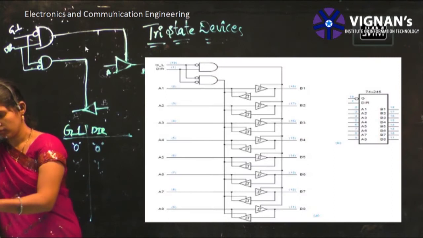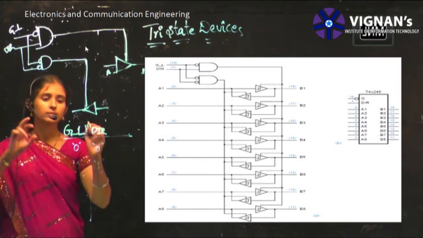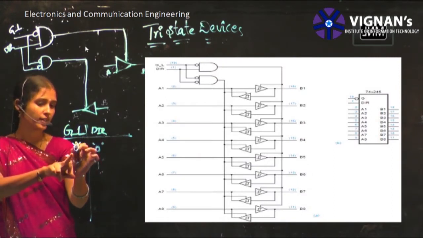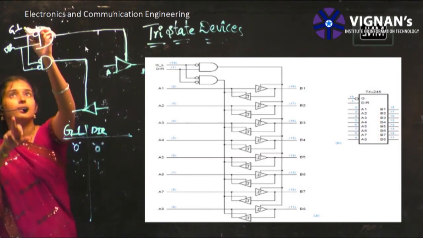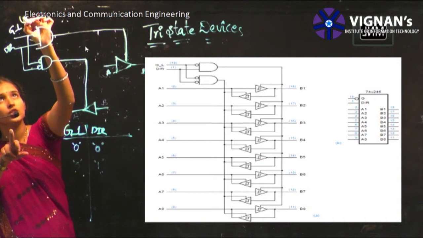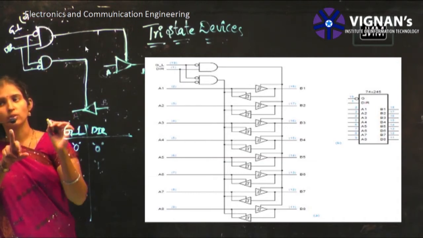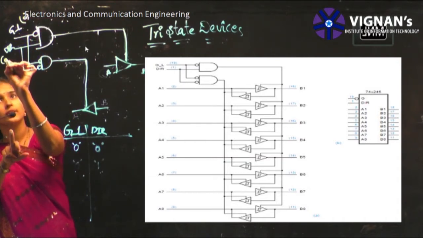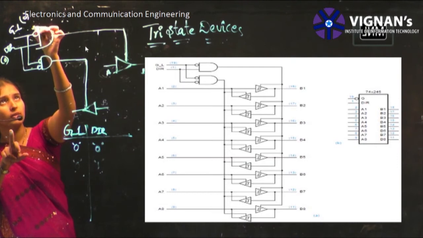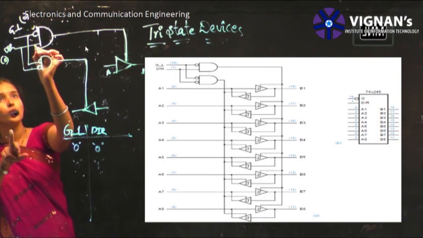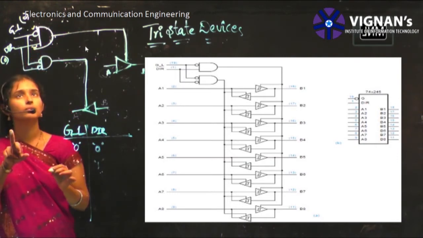Next, if you see here, I am taking G underscore L as 0 and DIR as 0. Since G of L is active low, it will be inverted to 1, and at the same time you are providing input 0.